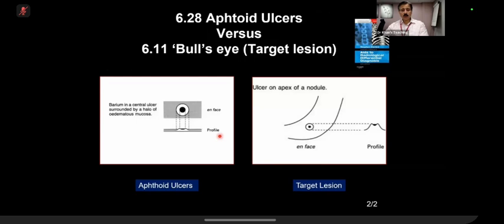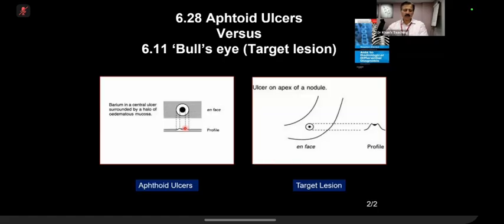Now, I want to teach you there are two differentials which again are not in your current Chapman, but they are important for barium examinations. And there was a lot of confusion about these two. One is aphthoid ulcer and the second one is target lesion. Target lesion in the stomach is a very important differential, and it will be seen on a barium examination.